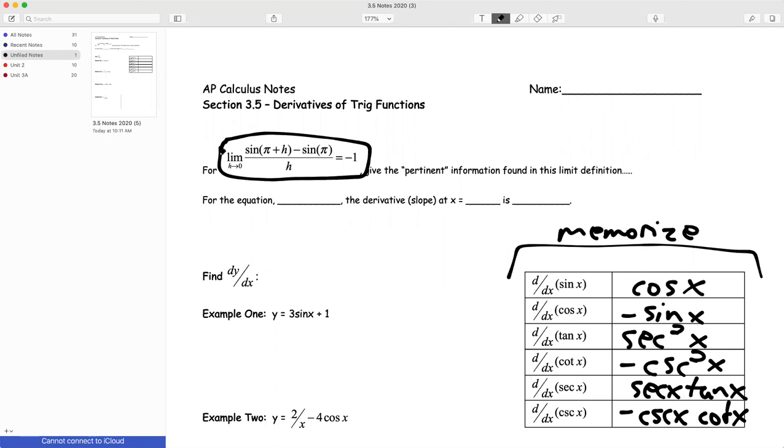I'm going to quote a former student of mine who would always say, what does that even mean? When you see this, it means take the derivative, right? Right. Take the derivative.